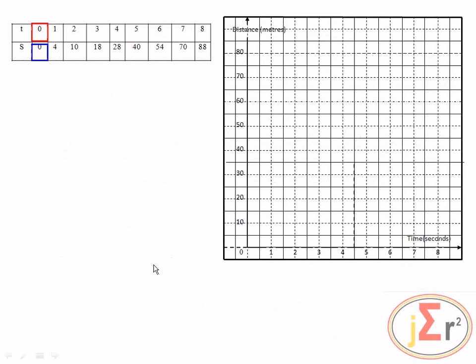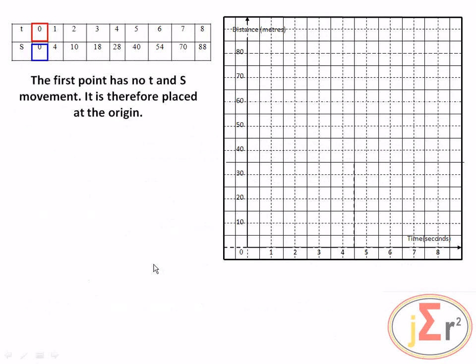0, 0. Of course, the first point has no t and no s movement. It is therefore placed at the origin. 1, 4. Next in line is t is equal to 1 and s is equal to 4. 1 for t, 4 for s.